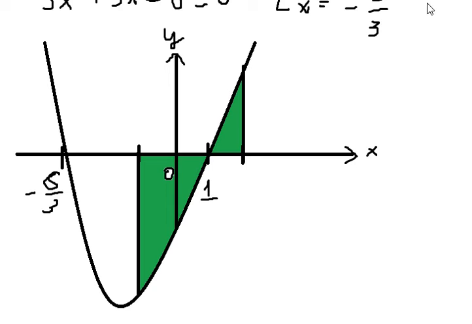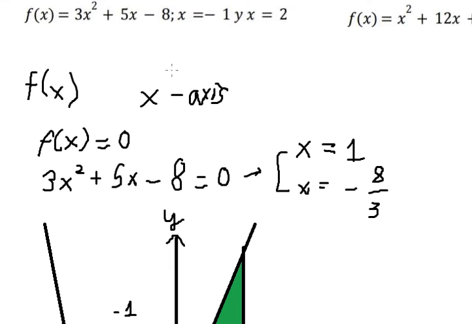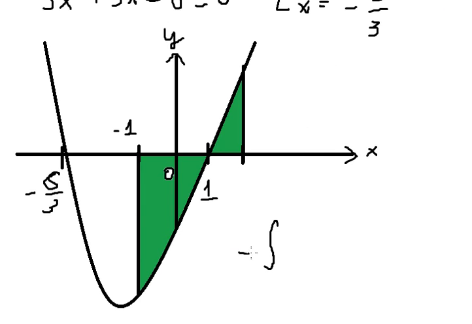Now, from negative 1 to positive 1, that's in the negative. Because this is in the negative, we need to put the negative sign in here, so that it changes the negative area into the positive area. Because the question wants to find the positive area, that's why we need to put the negative sign in here.